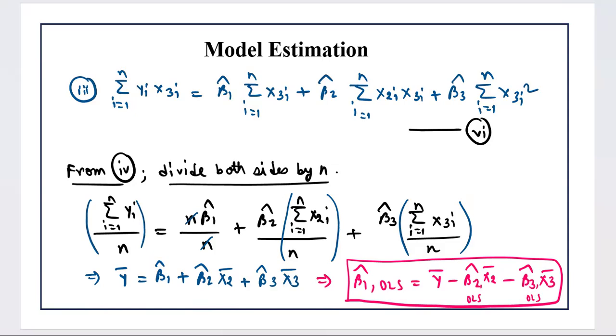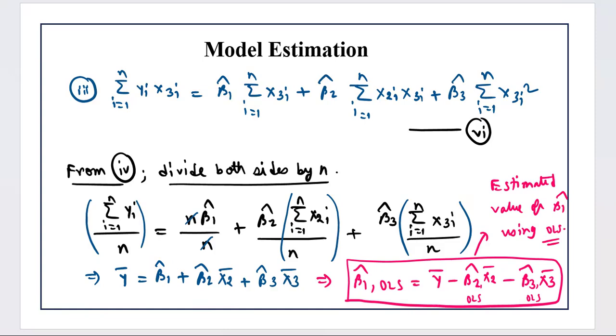So if you have the value of y bar, x2 bar, x3 bar, and the OLS estimates of beta 2 cap and beta 3 cap, you can easily find out the estimated value of beta 1 cap, right? So let me write, this is the estimated value of beta 1 cap using OLS, right?